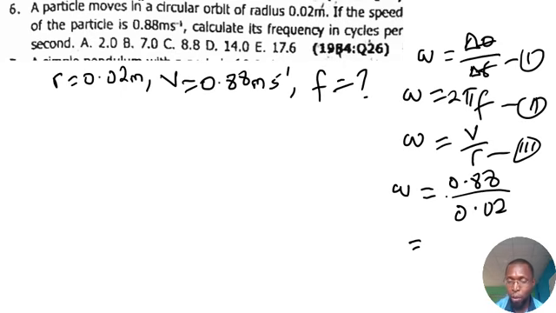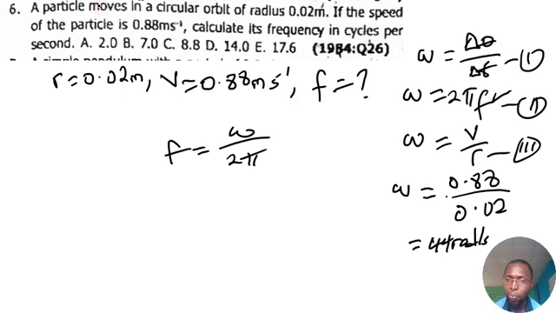So we have our angular speed, or angular velocity, or angular frequency, to be 44 radian per second. But then we are not to find angular speed, but to find frequency. This will help us to find it. From here, if you make F the subject of the formula, our F will be angular speed over 2 pi, right? We've gotten our angular speed to be 44.